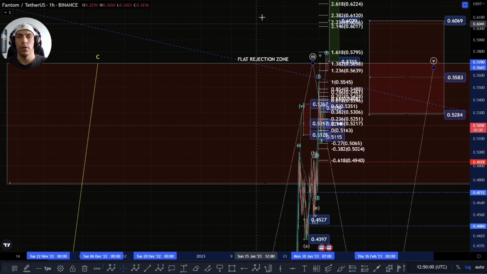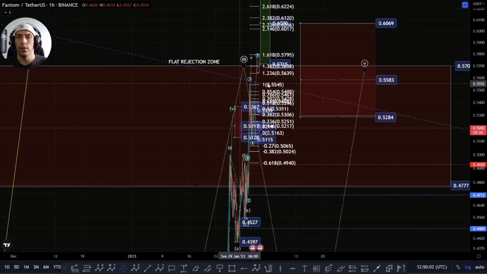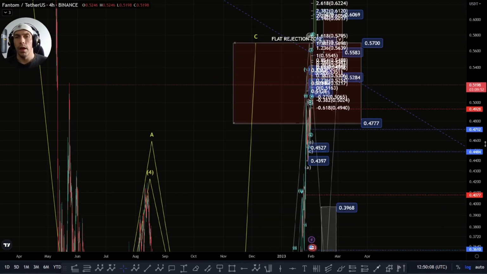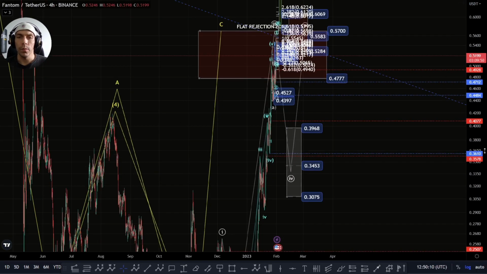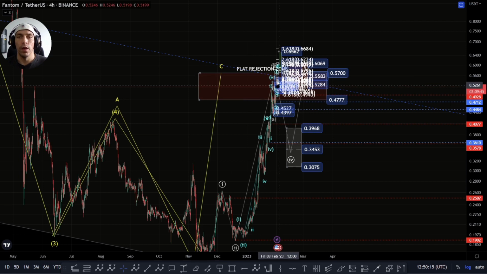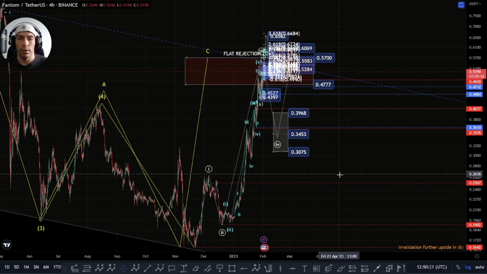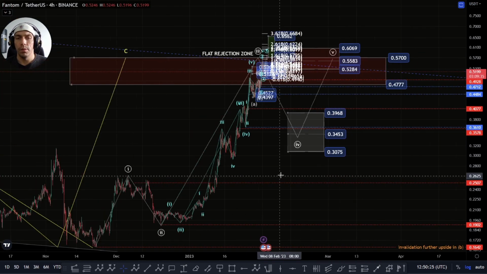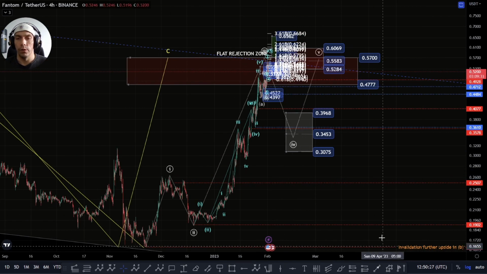The thing that's interesting about this zone is this is also within the area of this typical flat rejection zone, looking at this move from further back as a potential fourth wave still in play, where this is an A, B, and a C. So it'll be interesting to see how we react in this zone. If we just actually break down from here and take out this wave 1 high at 2630, we would then potentially be looking for an additional fifth wave to the downside.